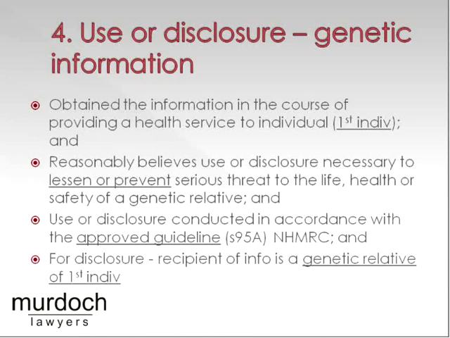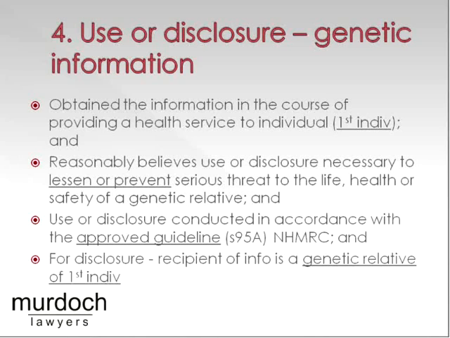The fourth specific health exemption relates to when personal information can be used or disclosed, and specifically that's genetic information. So the information must be obtained in the course of providing a health service to an individual.